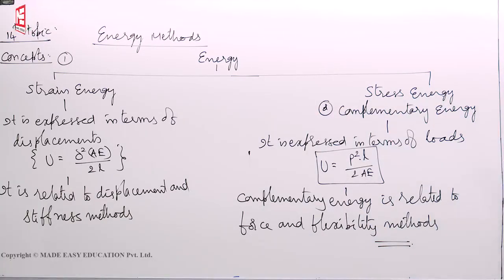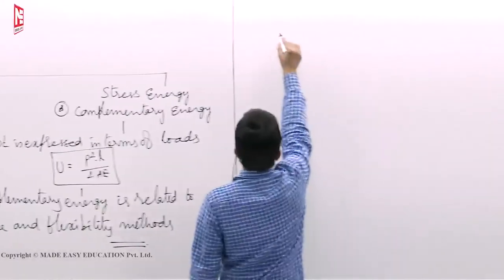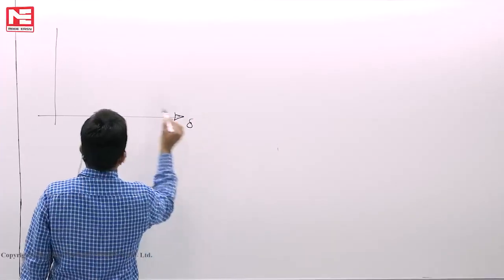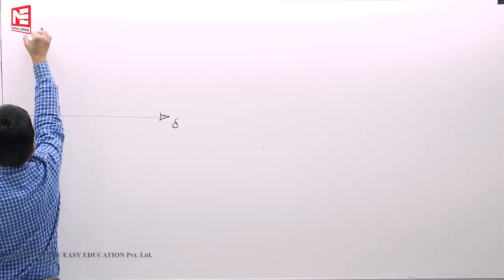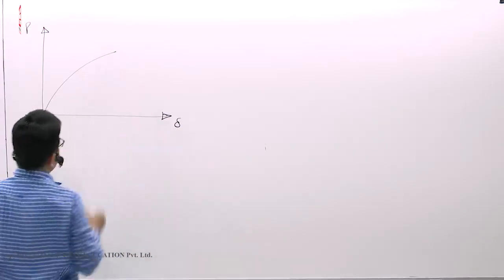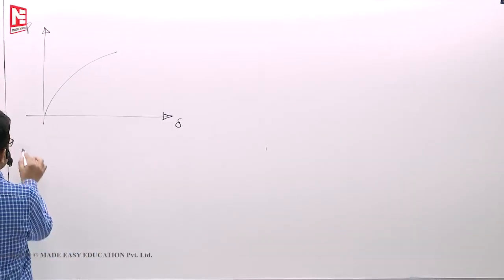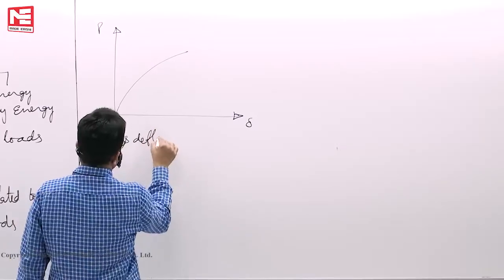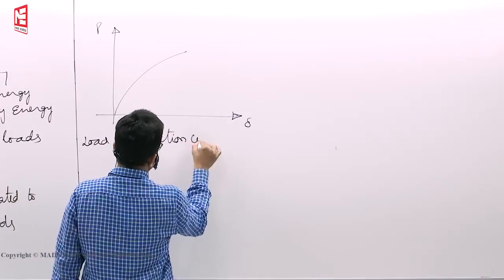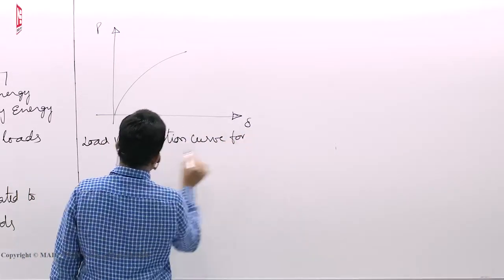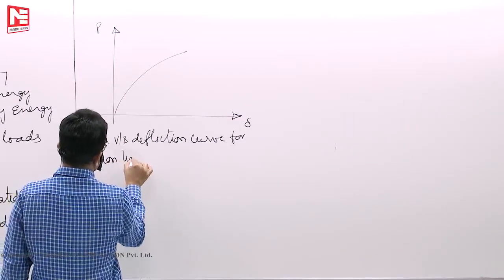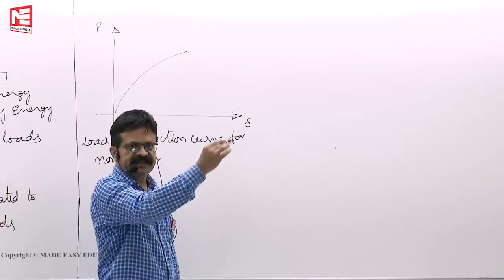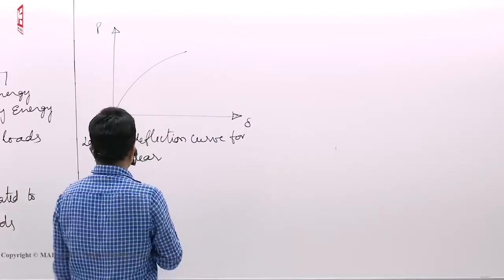If we take a load versus deflection curve, say, for a non-linear elastic material, it will go like this. Non-linear means load versus deflection is not a linear curve, some other curve.